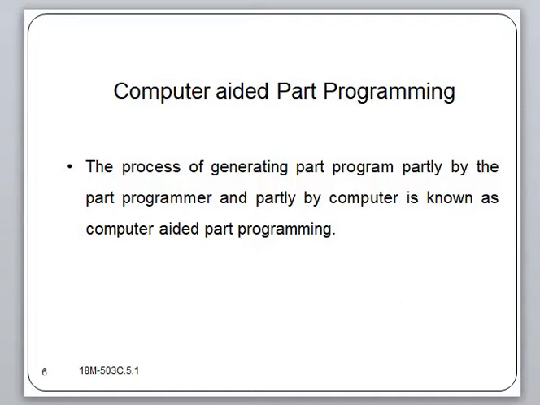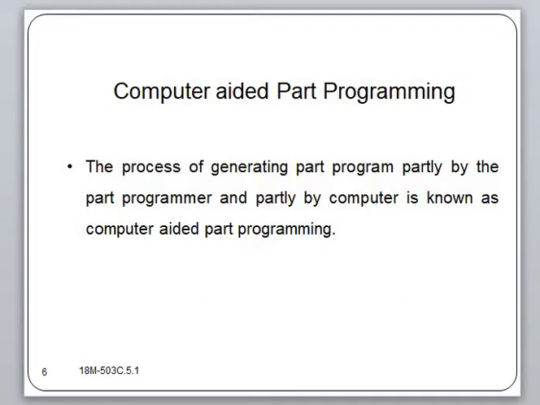Next, computer-aided part programming. For complex shaped components, the calculations required to produce the component are done by the programming software contained in the computer. The programmer communicates with this system through the system language, which is based on words.